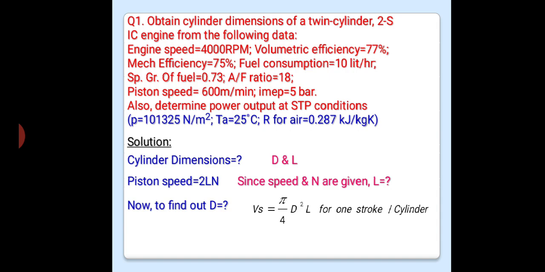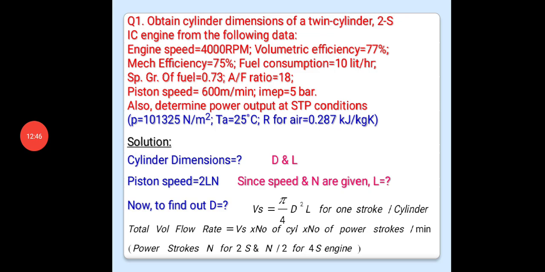Now to find D, we have the formula Vs is equal to pi by 4 D square into L for one stroke per cylinder. Total volume flow rate is equal to Vs into number of cylinder into number of power stroke per minute. Power stroke n is equal to N for 2 stroke, and for 4 stroke n is equal to N by 2, as we have discussed in the lecture session.